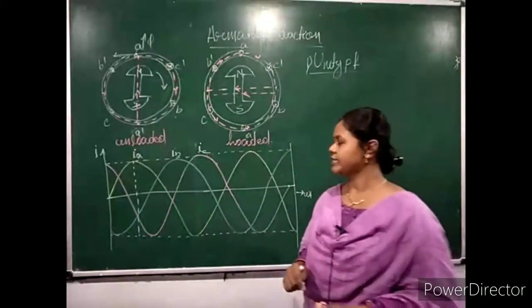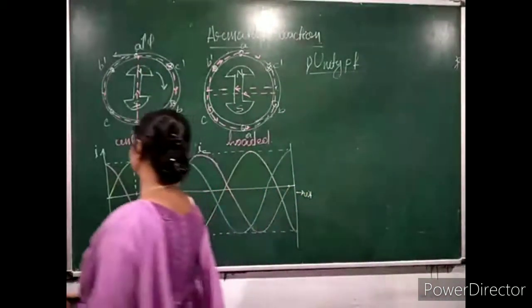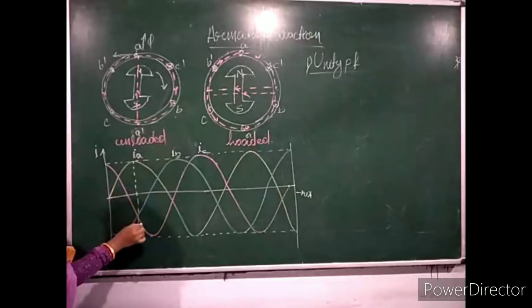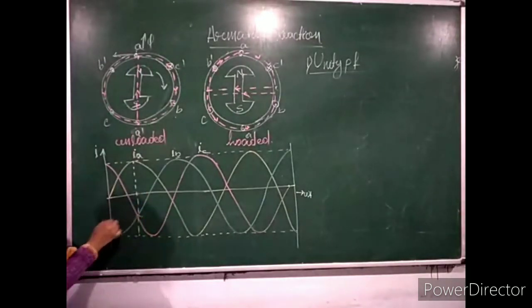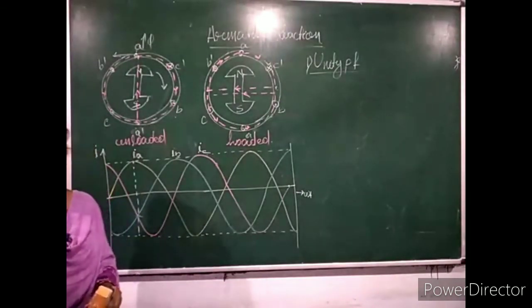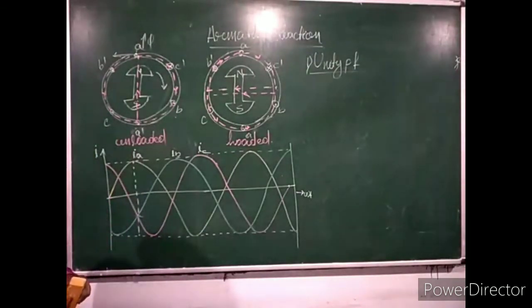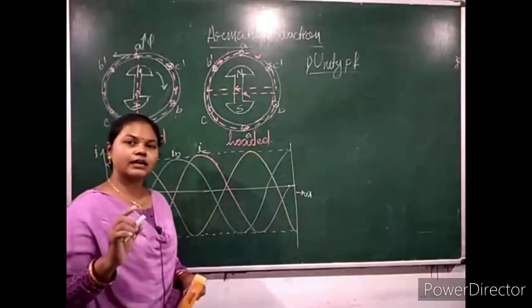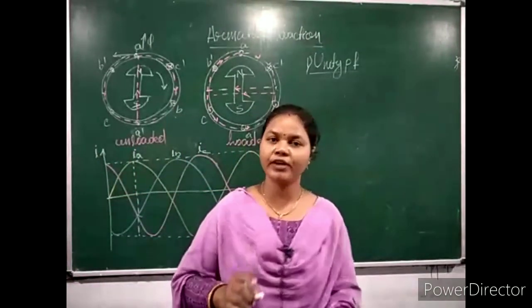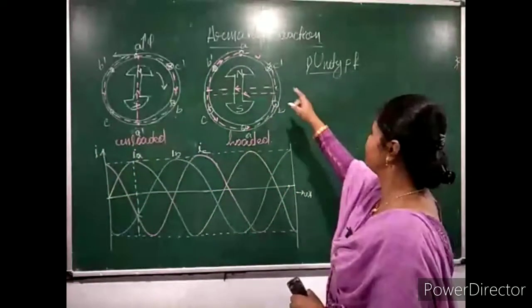Clear? See, when the current IA reaches its peak value, at that time the other two phase currents B and C are half of this maximum value, and their values are negative. So what is the resultant armature flux which affects this main flux?